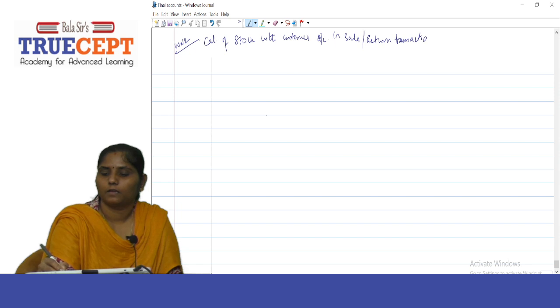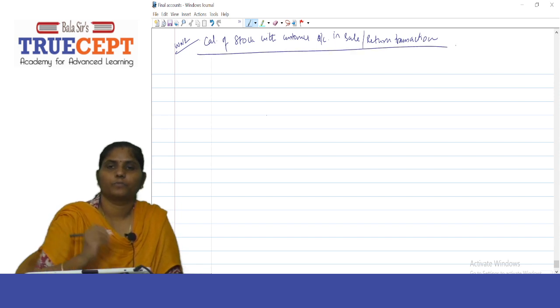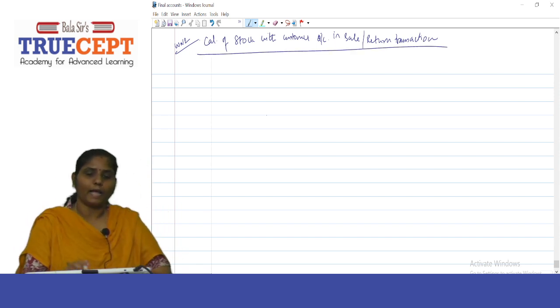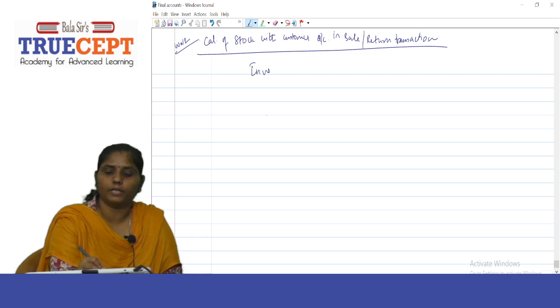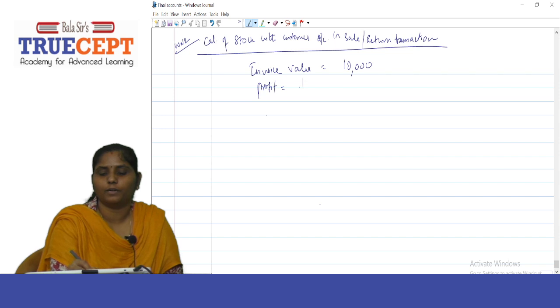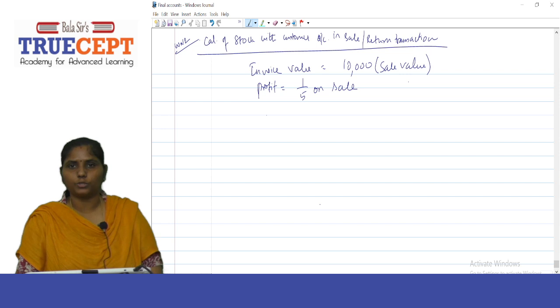Right? So, how do I adjust it? I know the invoice value or invoice price is how much? 10,000 given. And then they say profit. What is the profit? 1/5 on sale. And this invoice value is also known as sales value, right? Yes or no? Sale value is actually the invoice value.